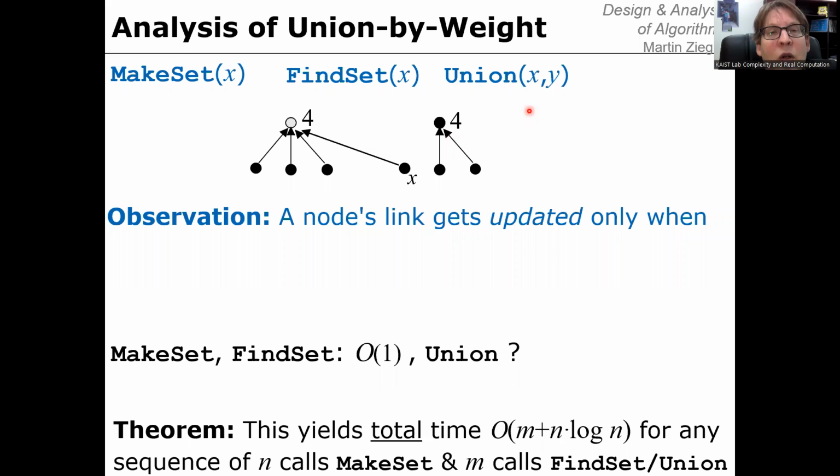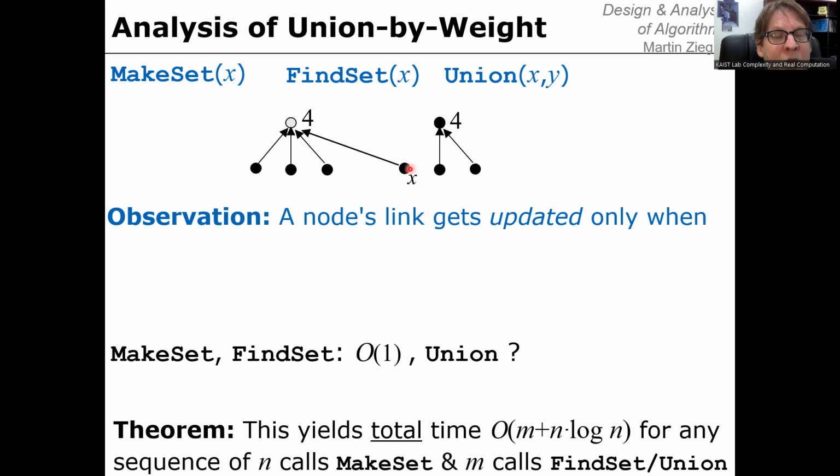And after this call to union, this element, and actually this entire set of size 4, has been merged to this set, and thus has become a larger set of size 8. Now we repeat the same perspective again, supposing that all these elements have become part of this larger set of size 8.